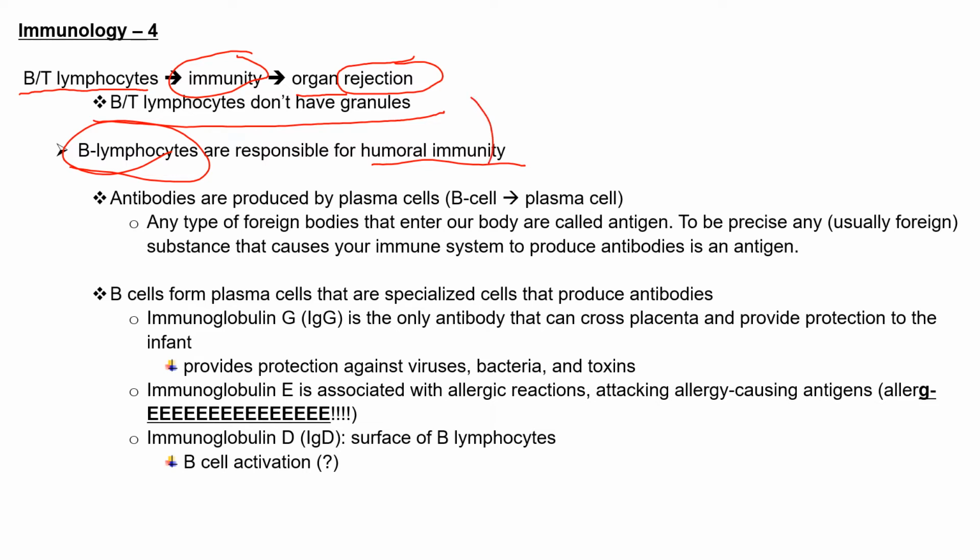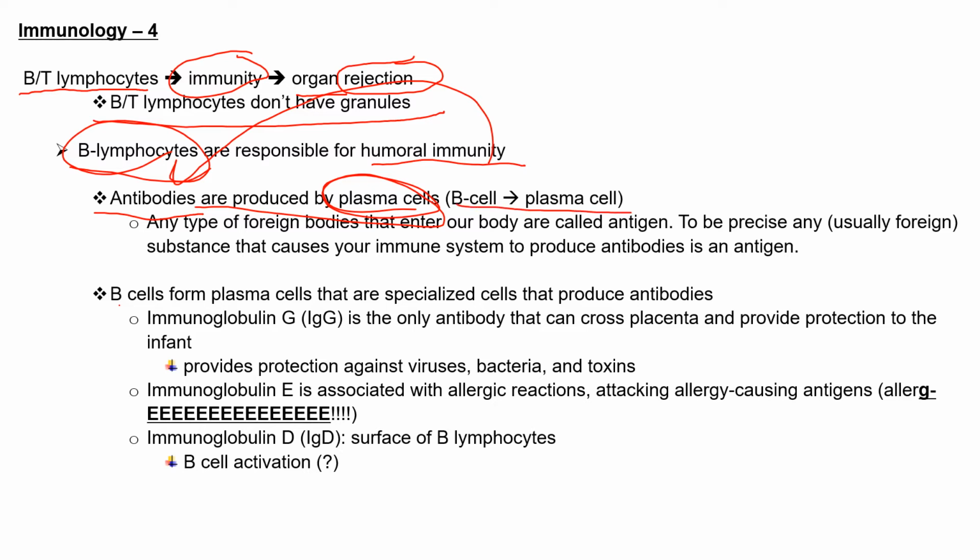Humoral immunity is involved with production of antibodies. Humoral immunity means that antibodies are produced, and antibodies are produced by cells called plasma cells. B cells form these plasma cells, specialized cells that make antibodies.